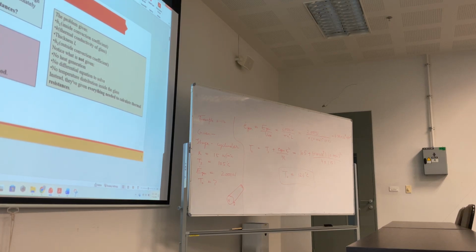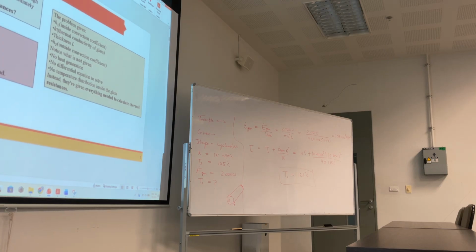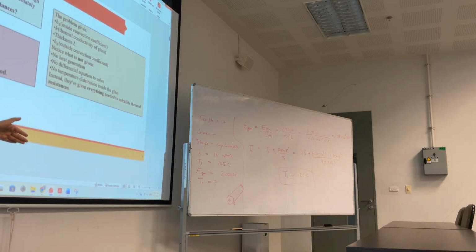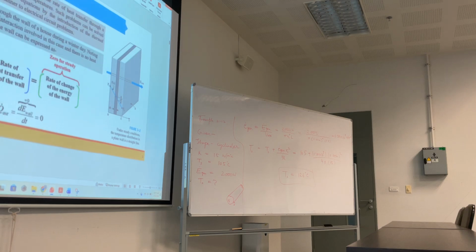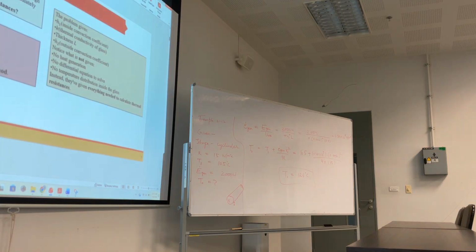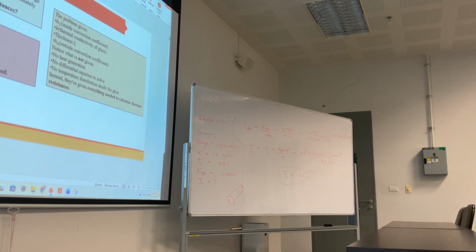Okay, whenever your numerical is saying that the heat transfer is steady state and there is one or more layers, okay, like this, then you will use the thermal resistance method, which I will tell you.